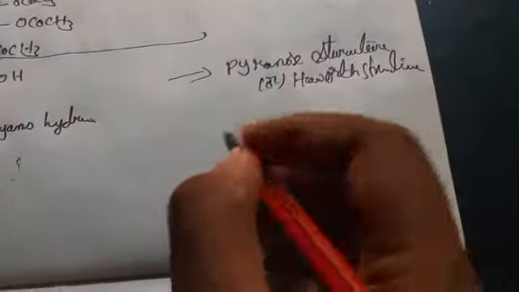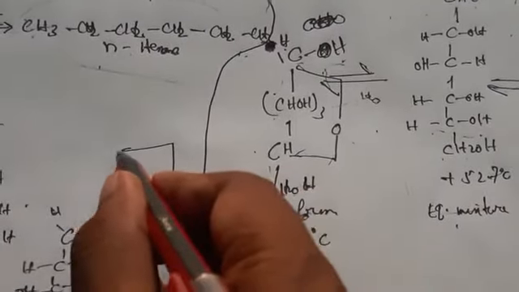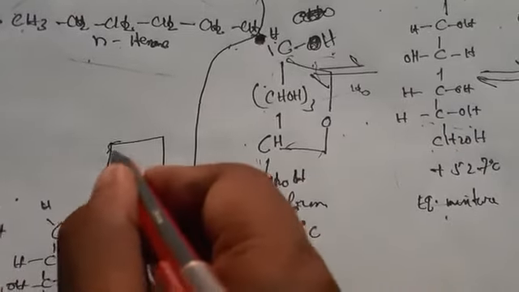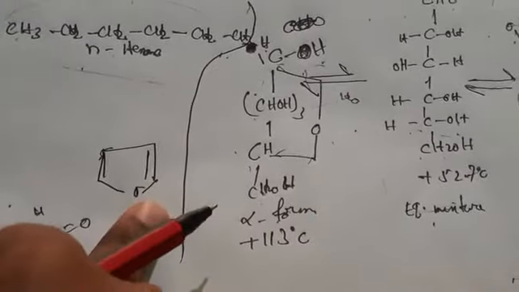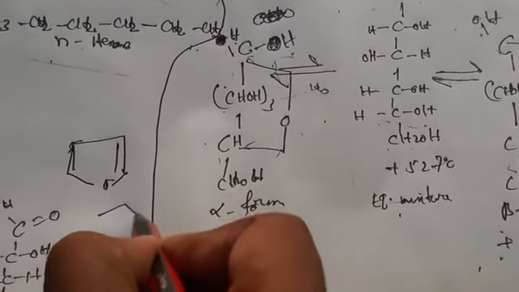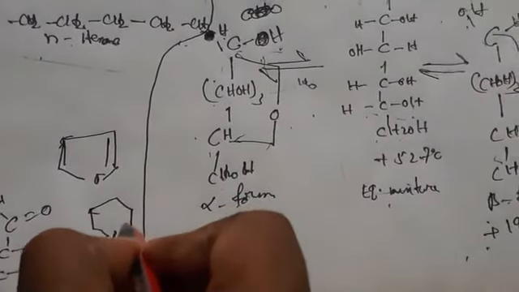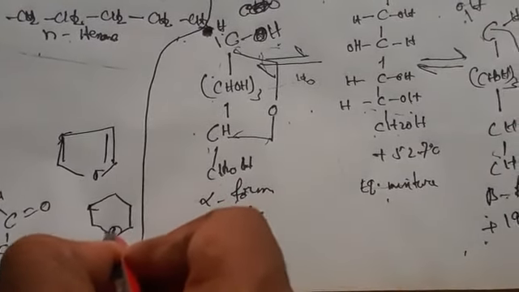Here the pyranose or Haworth structure of glucose indicates the structure I have drawn like this. This one indicates the pyranose structure. So what do you mean by furan here? This is the structure of furan. 4 carbons are present. In pyranose we are going to get 5 carbons.